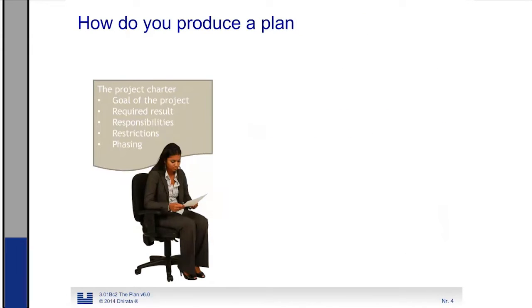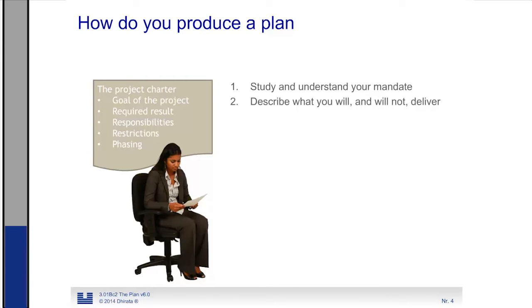There are 8 steps you need to take in order to develop a plan. First, you study and understand your mandate. What are the authorizations, what are the responsibilities that have been given to you? Then you describe what you will and what you will not deliver. This is the scope of the project. We describe the various sub-deliverables.